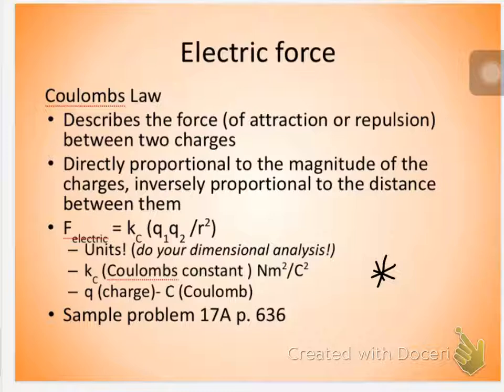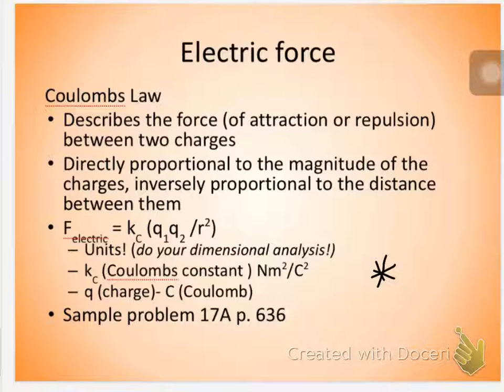So we did not do Newton's gravitational law in here, but if you were familiar with that, this looks an awful lot like it. What this says is that the force between two charges, and we have to have two charges here, is directly proportional to the magnitude of the charges.